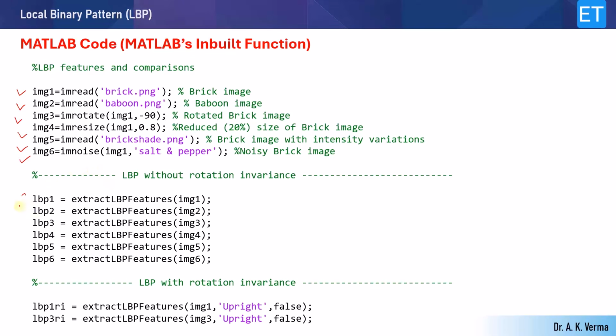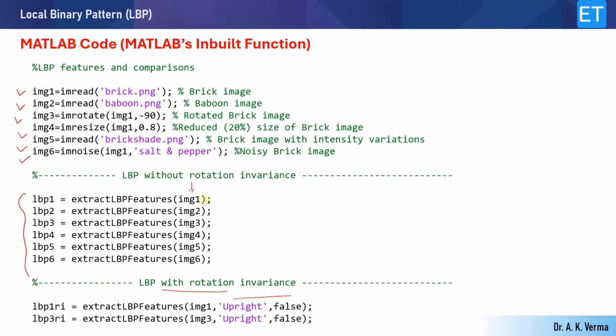Here I have found all the LBP features with MATLAB's inbuilt function. Since I have not specified any name-value pair, rotation invariance is not considered; that means upright is true by default. And here the LBP is computed with rotation invariance, so you can see that upright is false.